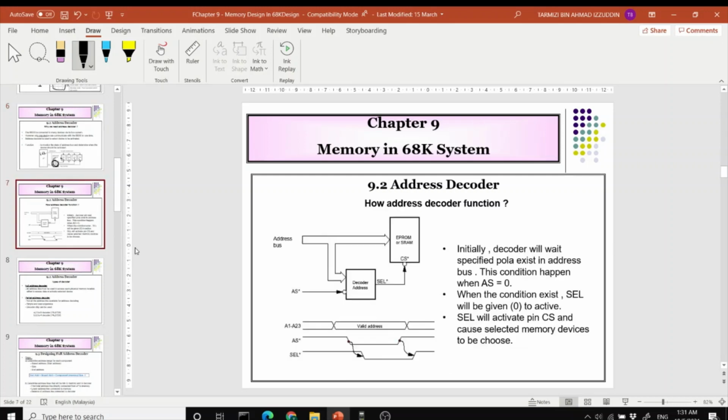So how does it function? Again, the decoder will wait for a specific pattern sent by the 68K via this address bus. It constantly monitors the state of the address bus.